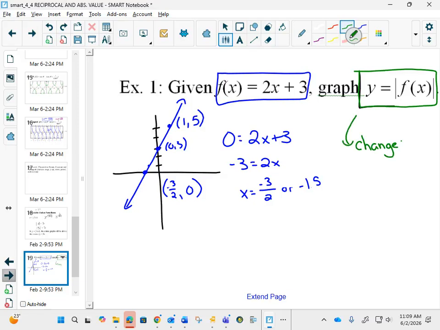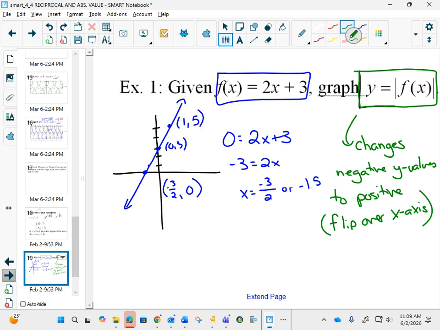And all that will do is change negative y values to positive, and anytime you change a negative y value to positive, you're going to flip it over the x-axis.